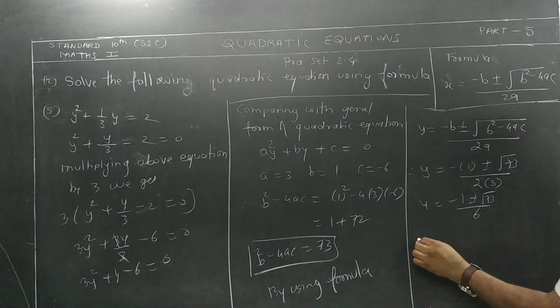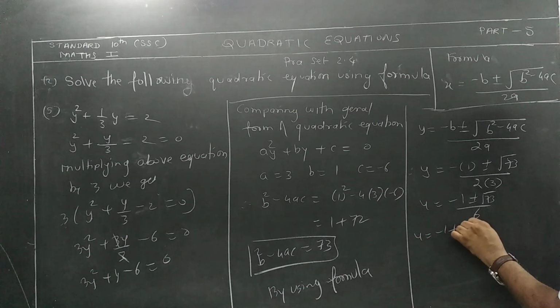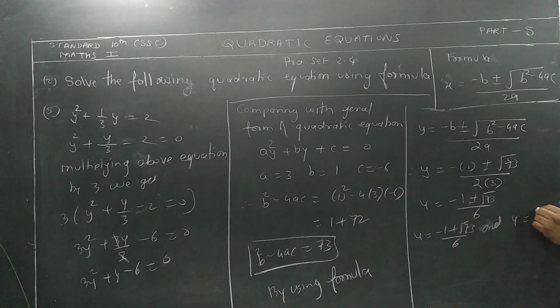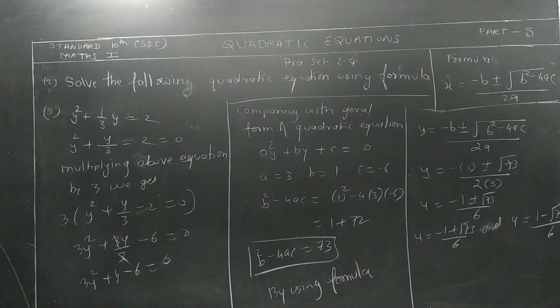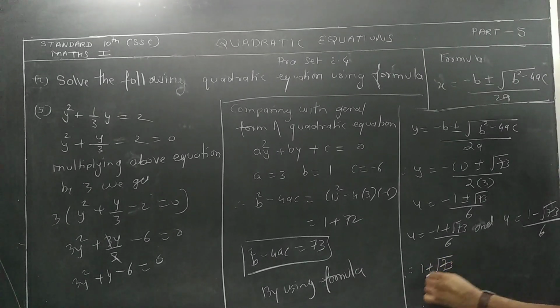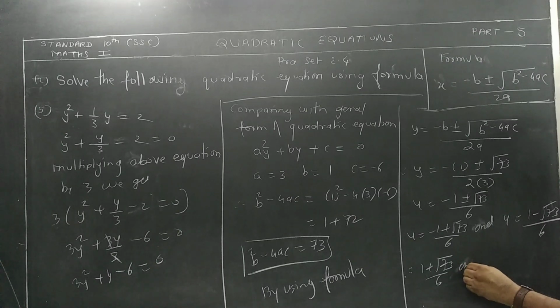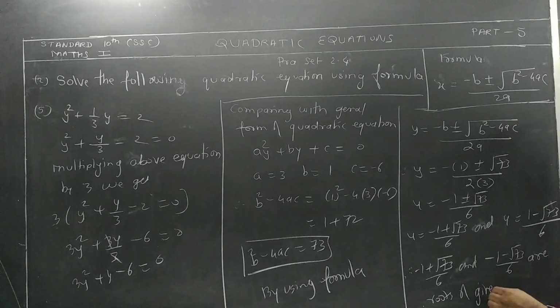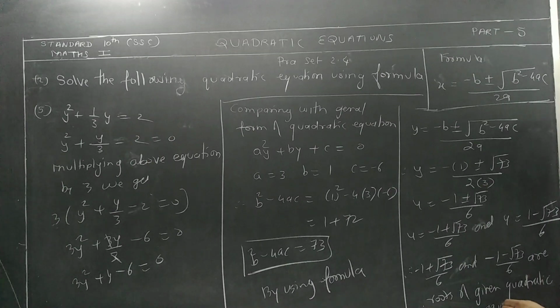So what is the answer? y is equal to minus 1 plus root 73 upon 6 and y is equal to minus 1 minus root 73 upon 6. So therefore minus 1 plus root 73 upon 6 and minus 1 minus root 73 upon 6 are the roots of the given quadratic equation.